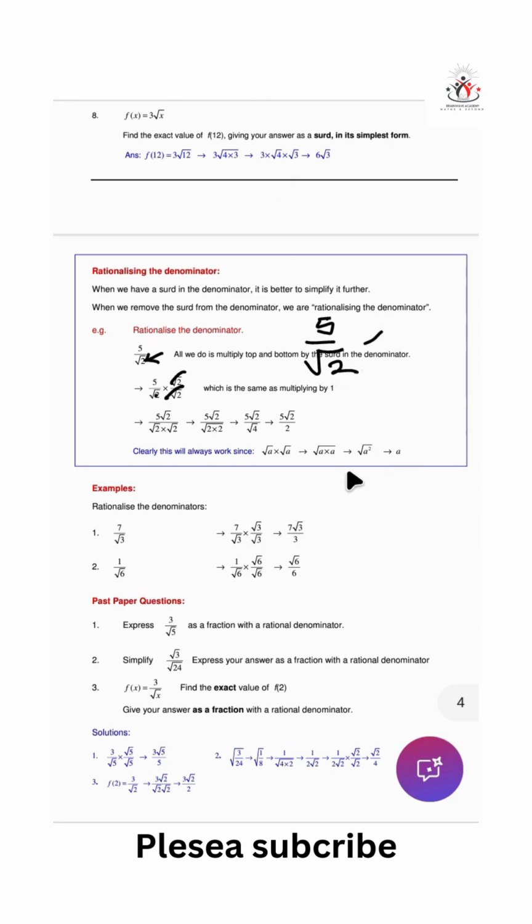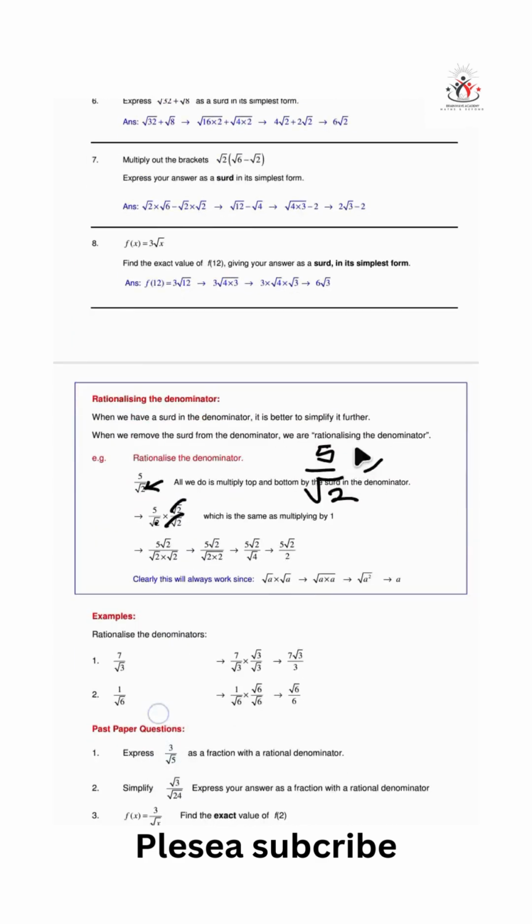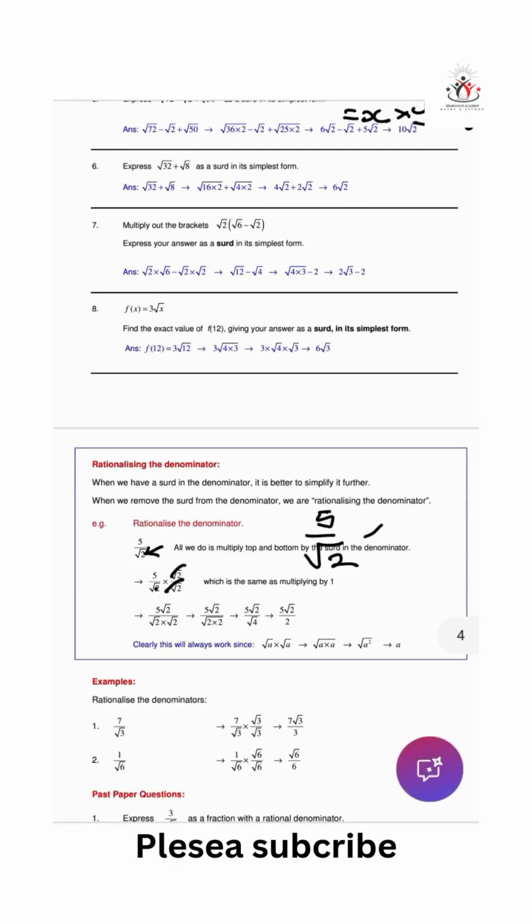So what do we mean by binomial surd? A binomial surd is any surd that is in the form, maybe let's say, square root of x plus square root of y. Similarly, maybe you have x square root of y minus y square root of x.